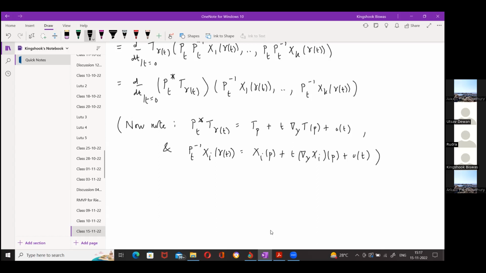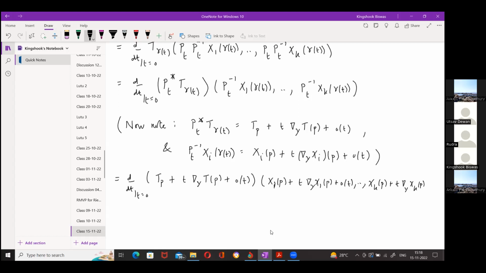I'll get basically T_p plus t nabla_Y T of p plus little o of t, this whole thing applied to x1 of p plus t nabla_Y x1 at p plus little o of t, up to xk of p plus t nabla_Y xk at p plus little o of t.